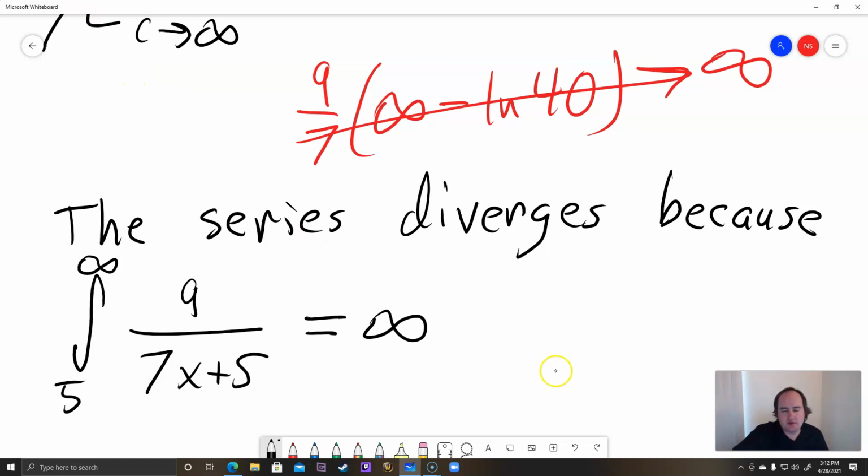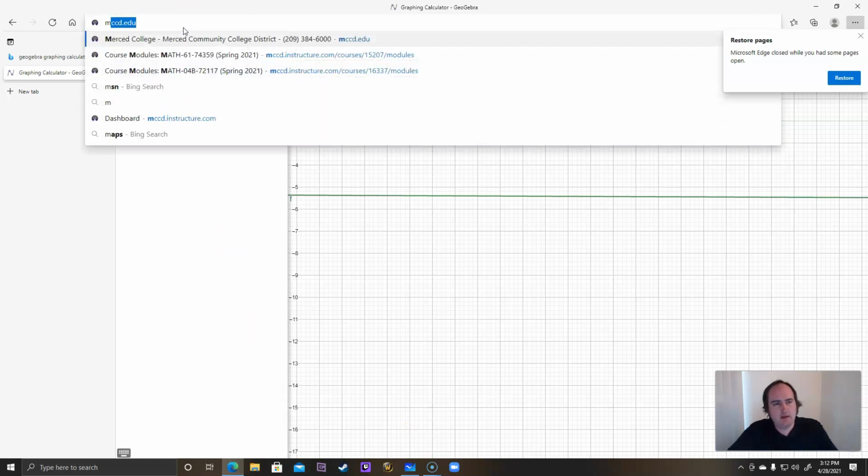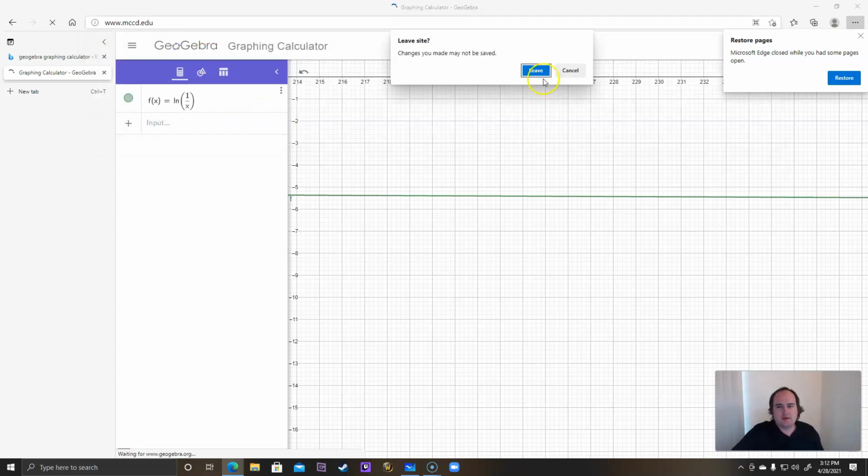Okay, so basically when you're doing the integral test, if you get infinity or negative infinity, the series diverges. And if all this gets to be too much, you can go back to our formula sheet. If we open up our formula sheet on Canvas, then we can look at, I think it's the 3rd page.